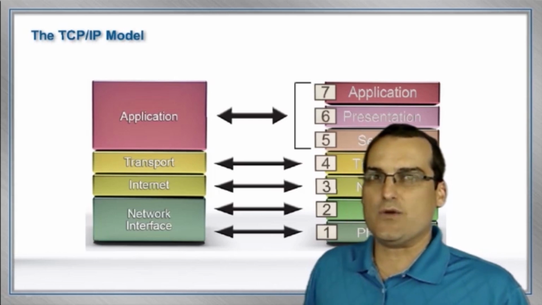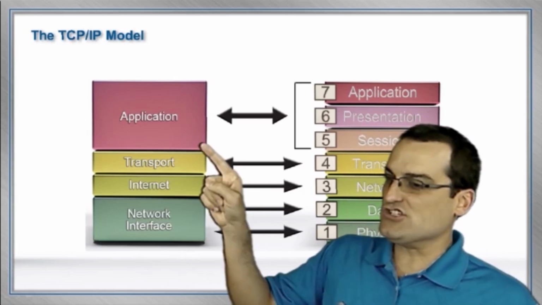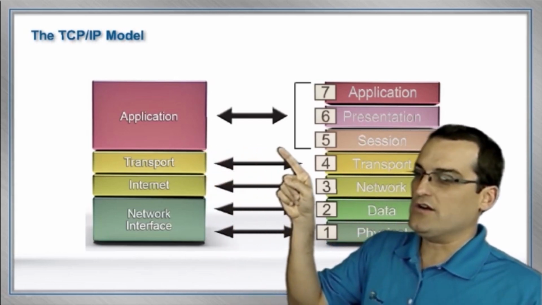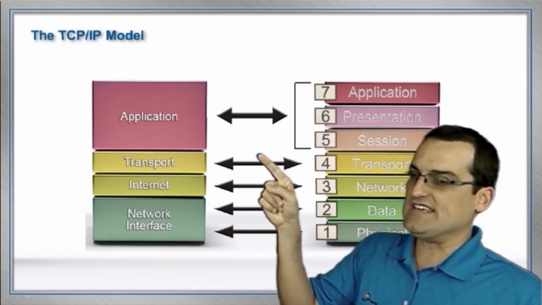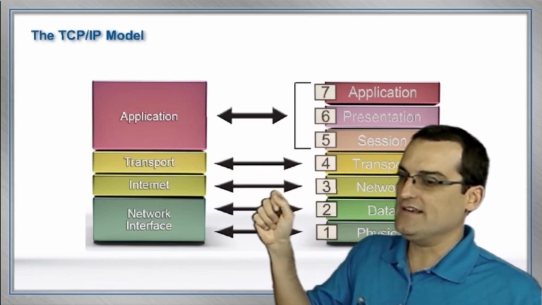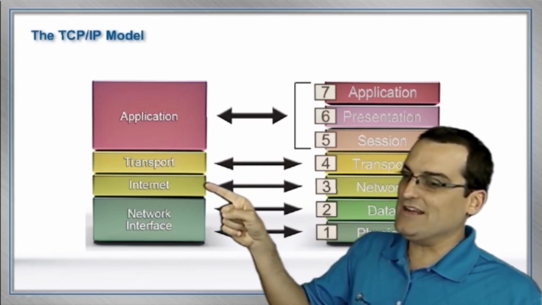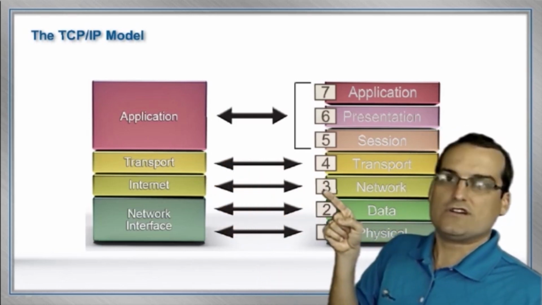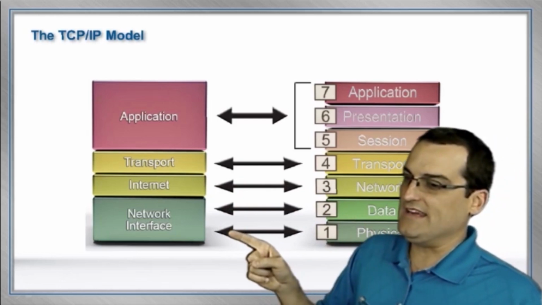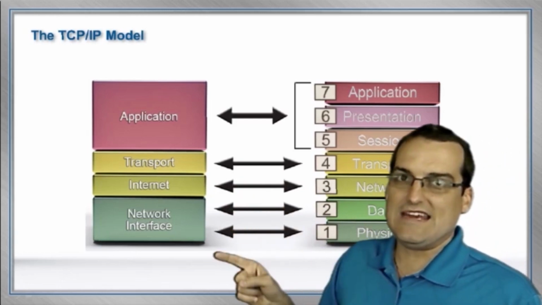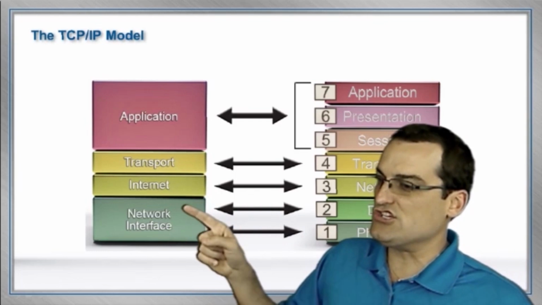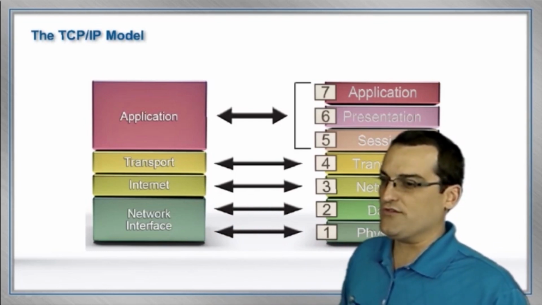They didn't break it down into enough layers. They had just one big application layer where they had all their application, presentation, and session functions defined. They did have a transport layer, just like we have in OSI, and they had an internet layer, which was renamed network layer in the OSI. And finally, they lumped the physical and data link properties together into just one layer called network interface.